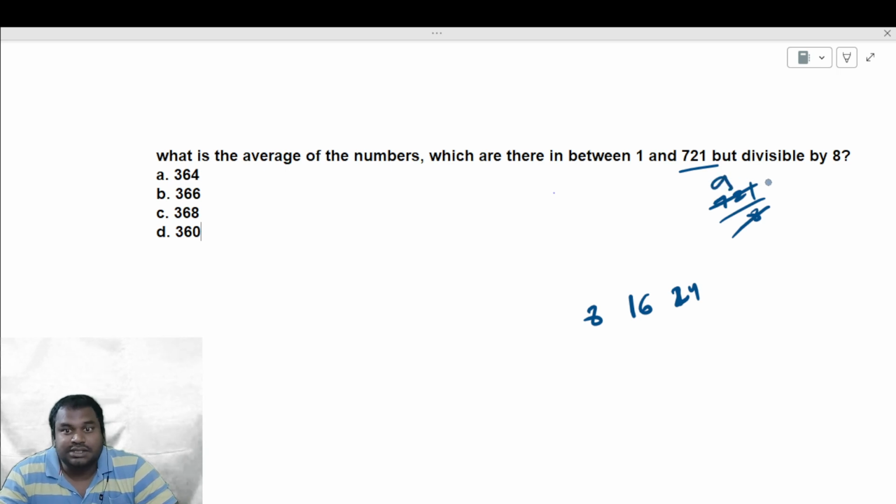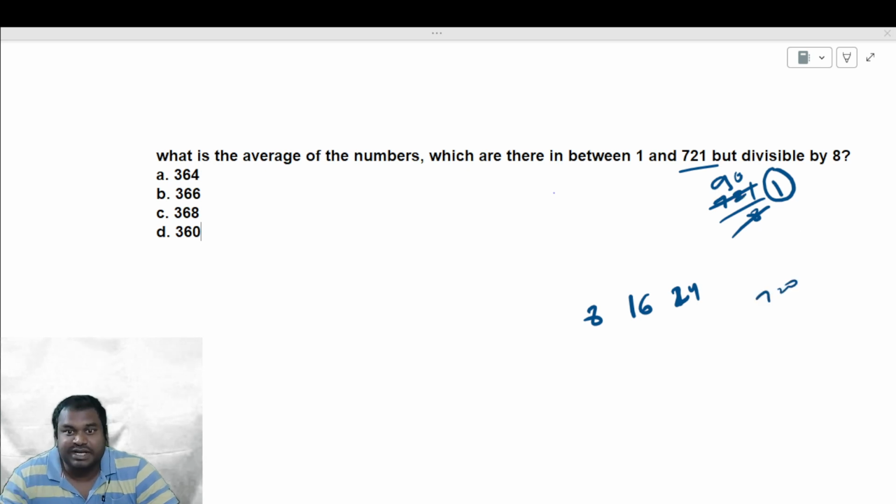Say 8 9s are 72. If it is 720, then 90 times it will go. There is one coming as a remainder. So if you subtract that one, obviously you can take it as divisible. So I will just subtract 1 from 721 and take 720.